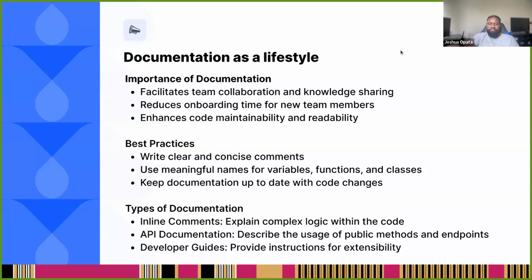Types of documentation: we have the inline comments, which I was referring to having on each code. You can just write a simple, concise line to explain what it does. Sometimes it's multiple lines explaining each step and each property and why they do this and that. And then we have the API documentation.